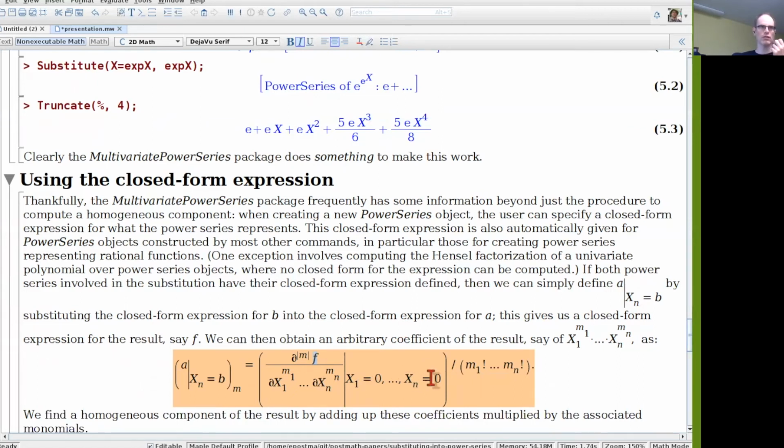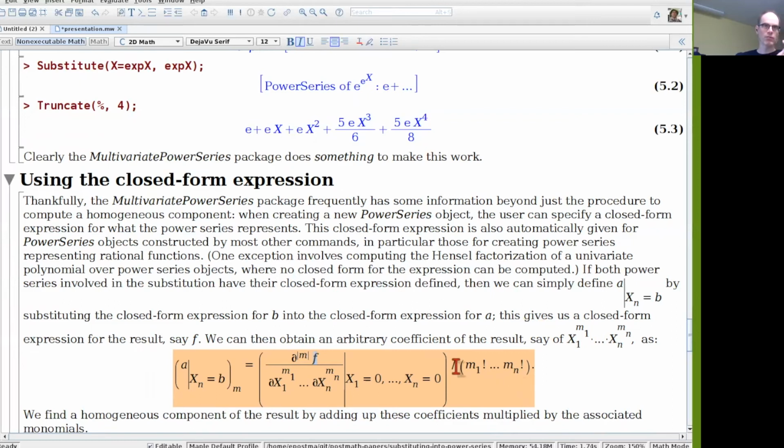And what this does is, if you imagine f being given by the power series already, then this would give us that coefficient of x1 to the m1 times ... times xn to the mn multiplied by m1 factorial times ... times mn factorial.